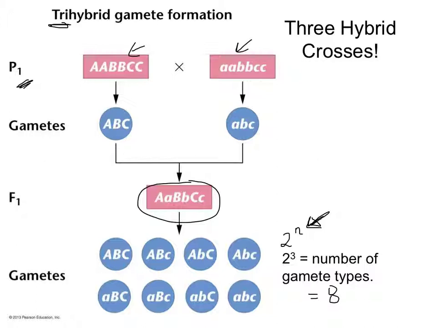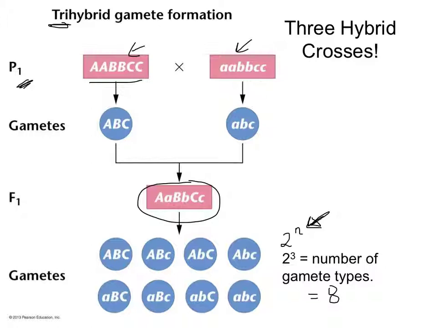It would have been perfectly appropriate to begin this cross with the one on the left being big A, little b, big C, big C. It's just that then you would have had to mate it against essentially its opposite, little a, big B, little c. You don't have to have all dominant or all recessive for these hybrid crosses.